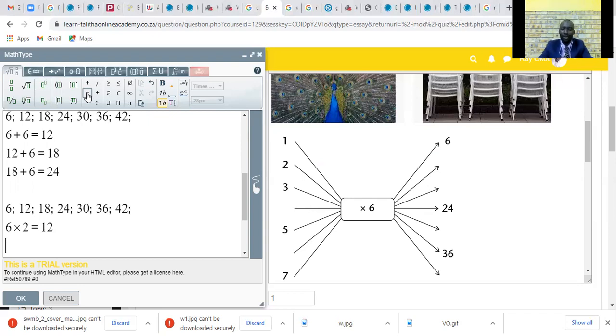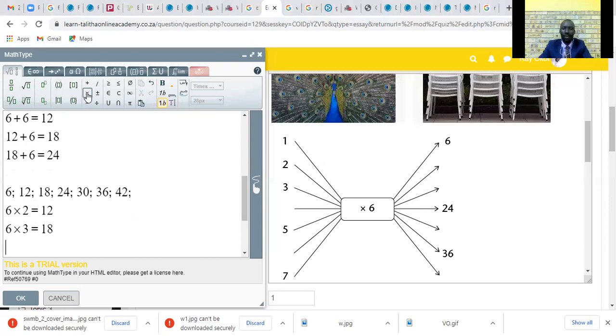Like for this question, you would consider multiplying 6 with a 3. What would that be? Well, that would be 18. Then for the next term, you would consider multiplying 6 with a 4. And what would that be? That would be a 24.